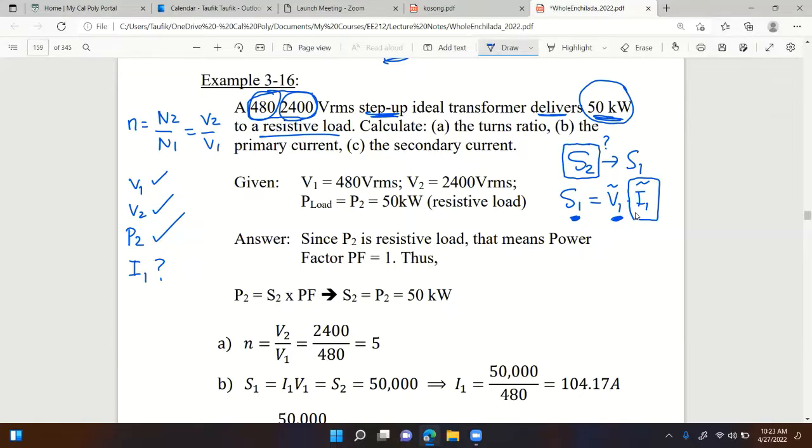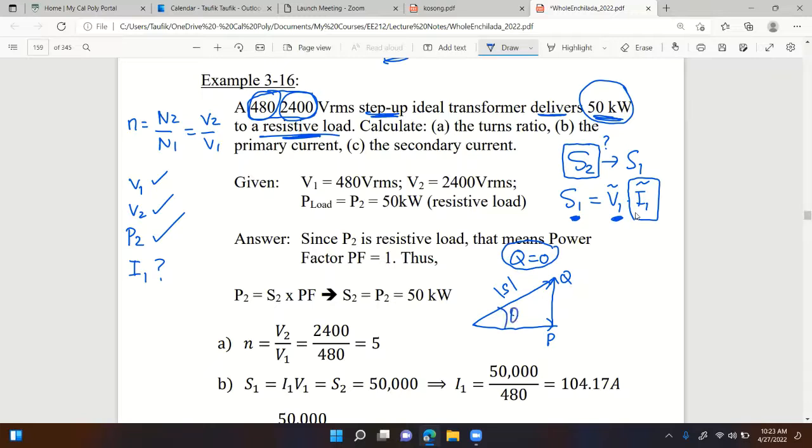If you have a purely resistive load, Q is equal to 0. So if you draw the power triangle, just a refresher here, that's P, that's Q, that's S. Now, if you have a purely resistive load, Q here is equal to 0.